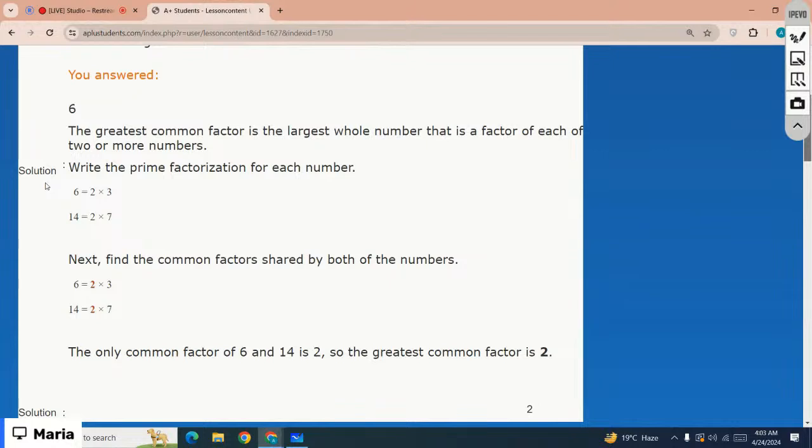You can see here the prime factorization of 6 is 2 times 3, and the prime factorization of 14 is 2 times 7. So the only common number here is 2. That means the GCF is 2. We'll do the same one here so that you are not confused. The correct option is 2.